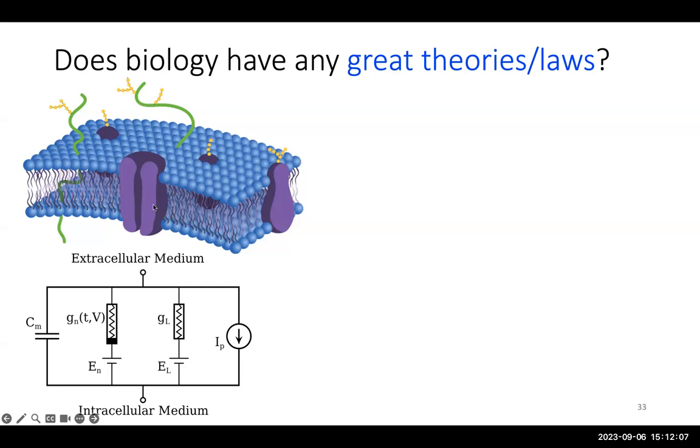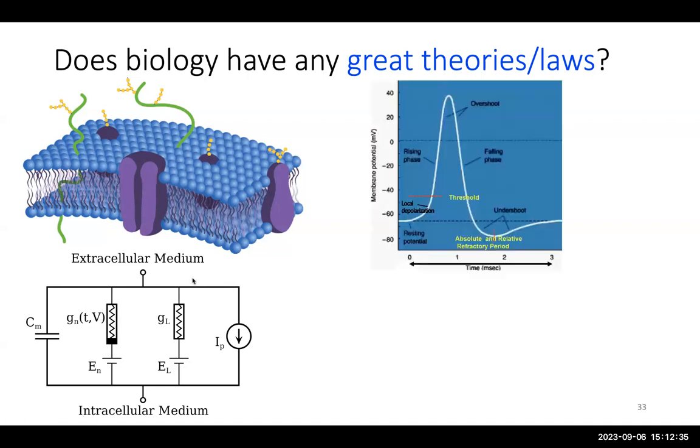There are other pumps, right? The motor protein pumps, and they also have an adjustable resistor inside, and this resistor represents the closed ion channel. When the ion channel is open, the resistance decreases, right? And so by modeling this, by considering all those factors, you can understand why there is an action potential on the membrane.